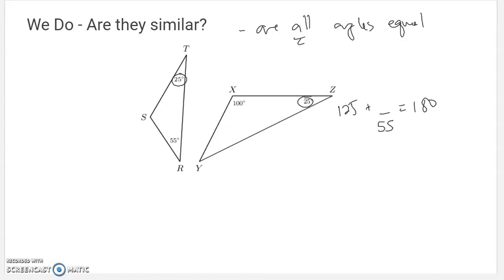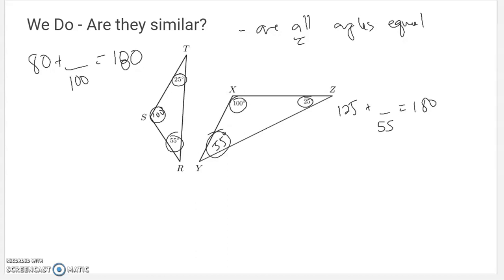I think that would be a 55-degree angle. My mental math is right. And then this one, 25 and 55 is 80, plus the other one makes 180, which means this side is indeed 100.